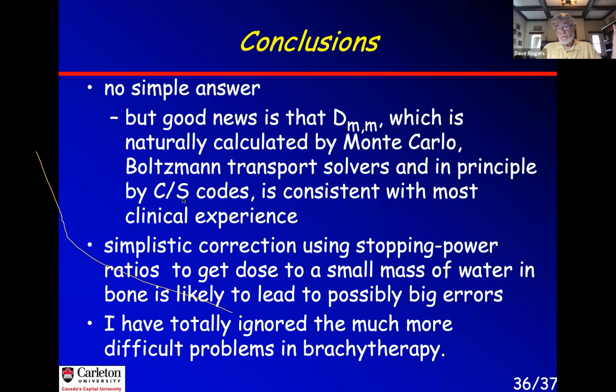But if you recall that they skyrocketed up and down for different regions in the body, different tissues, when you went down to 30 and 40 keV for brachytherapy sources. So there's still a real concern there about what's going on.